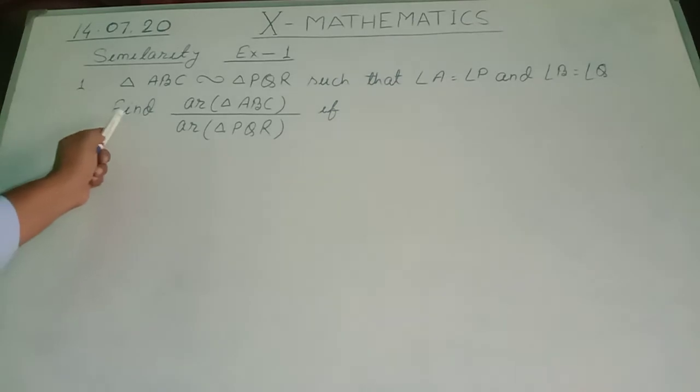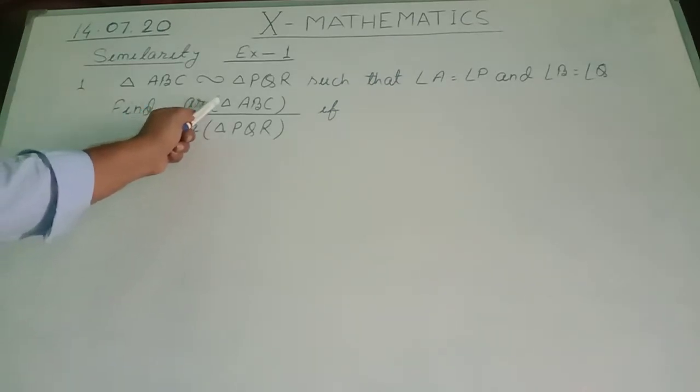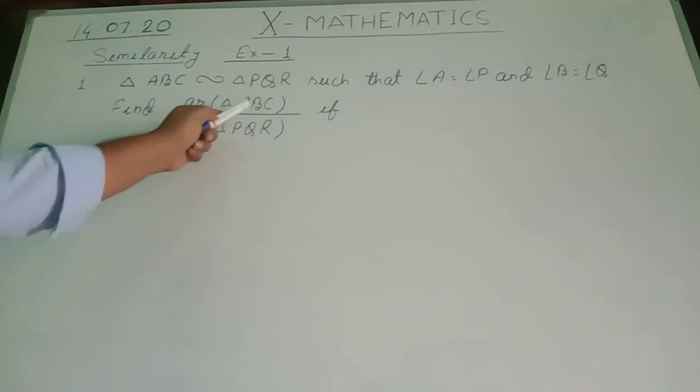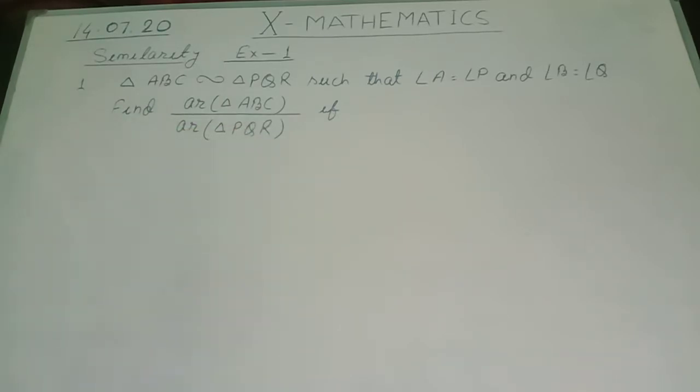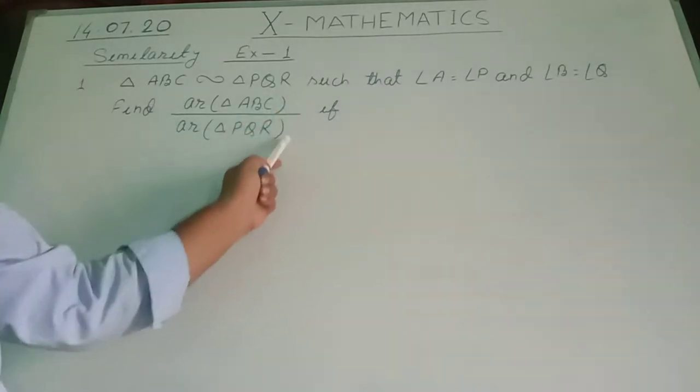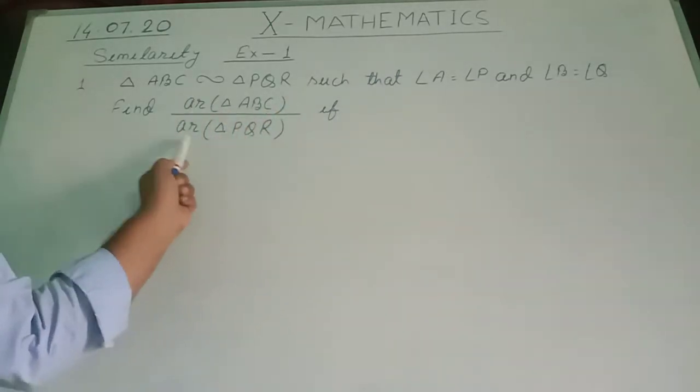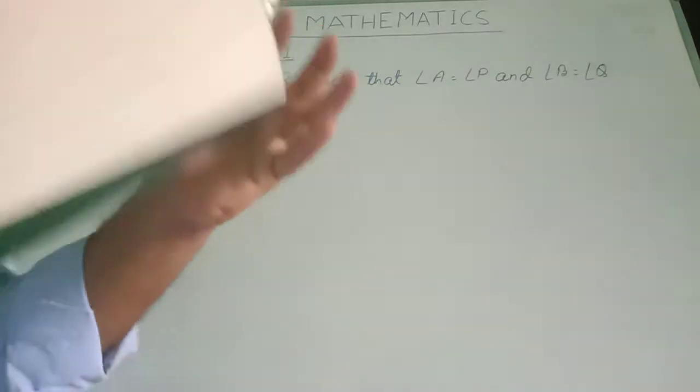Now we are asked to find the ratio of these two areas, area of triangle ABC and area of triangle PQR. The ratio, as you know, is written in this form: area of triangle ABC by area of triangle PQR.